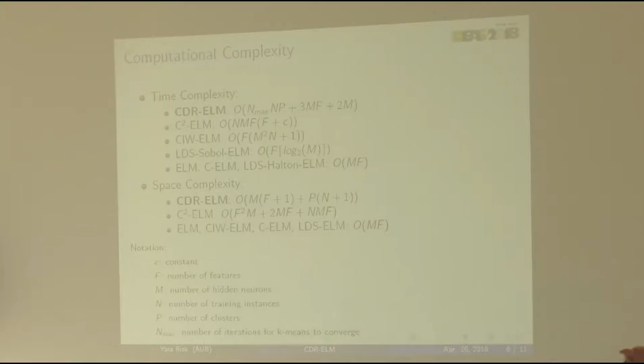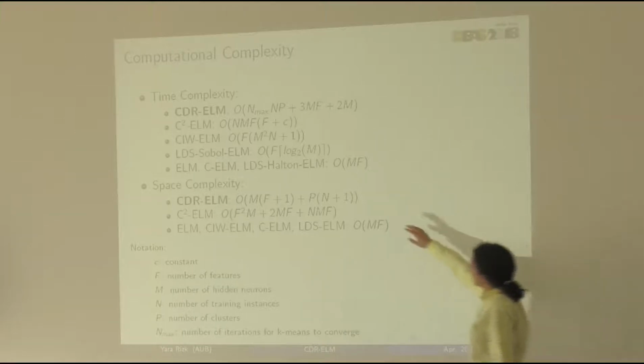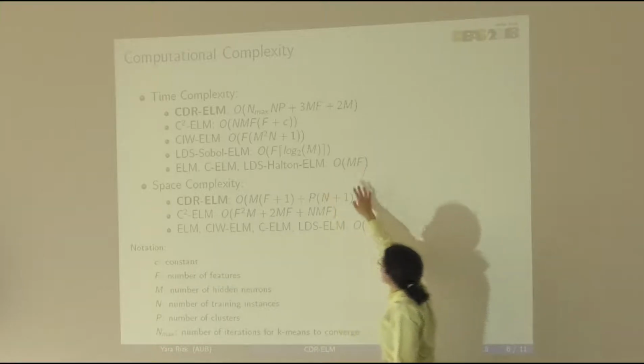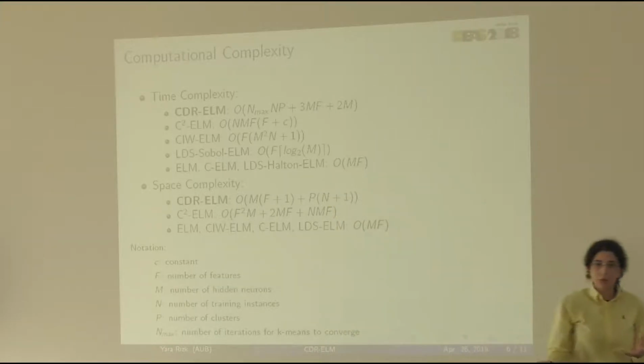So as far as computational complexity of this method, the CDR ELM is what we are proposing. It is definitely more computationally expensive than just randomly assigning values. Random assignment, which would be this row up here, is just proportional to the number of weights that I need to assign values to.